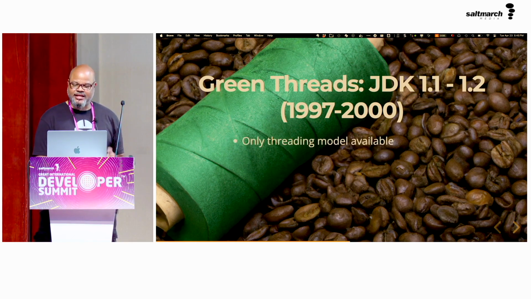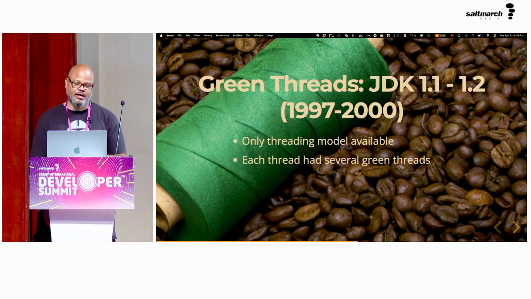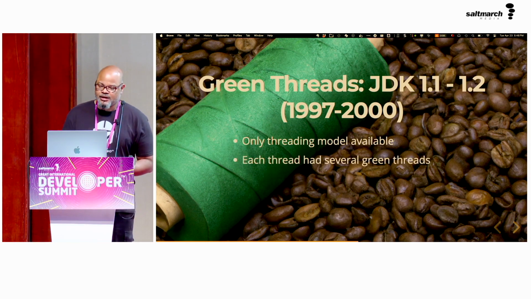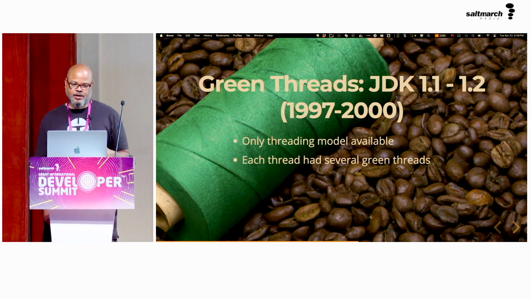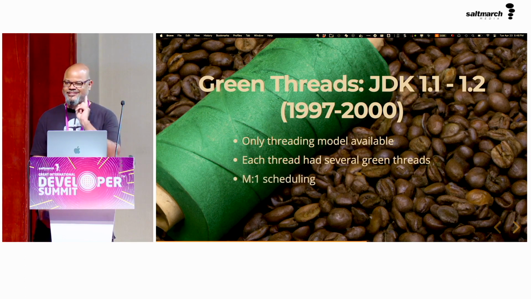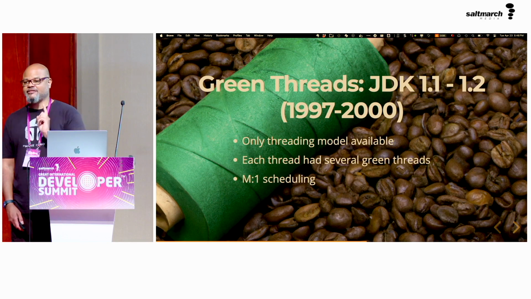And when they added it, it was the only thread model available. We still have the Thread API, the basic constructs you're used to today, right? But you could create a new thread object and it would basically be a green thread, which would map to a single thread. Because back then, most CPUs were one core.